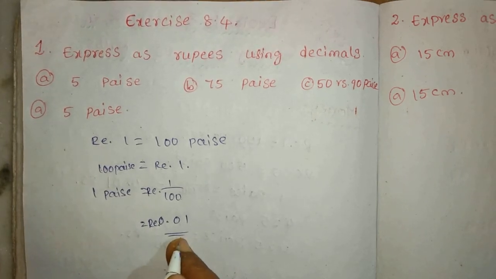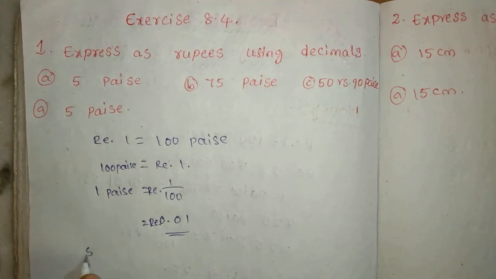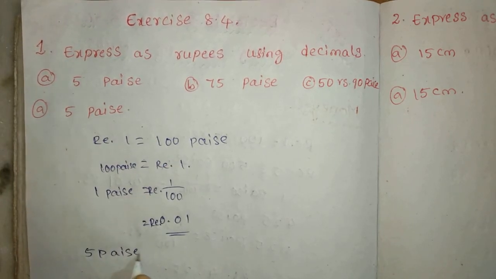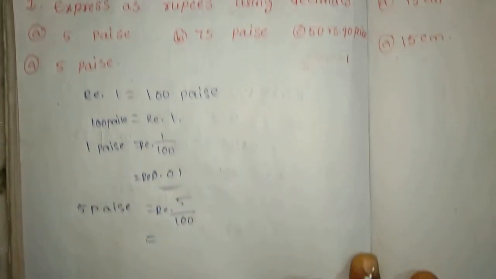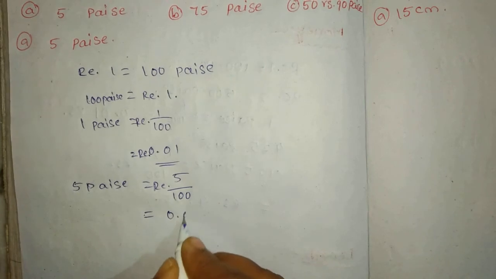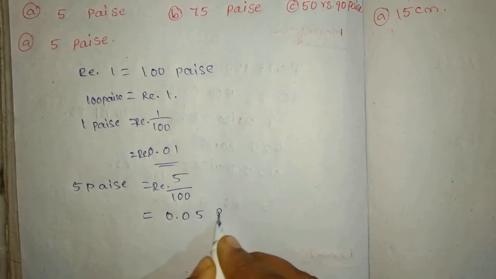Similarly, 5 paise is equal to 5 by 100 rupees, which is 0.05 rupees.